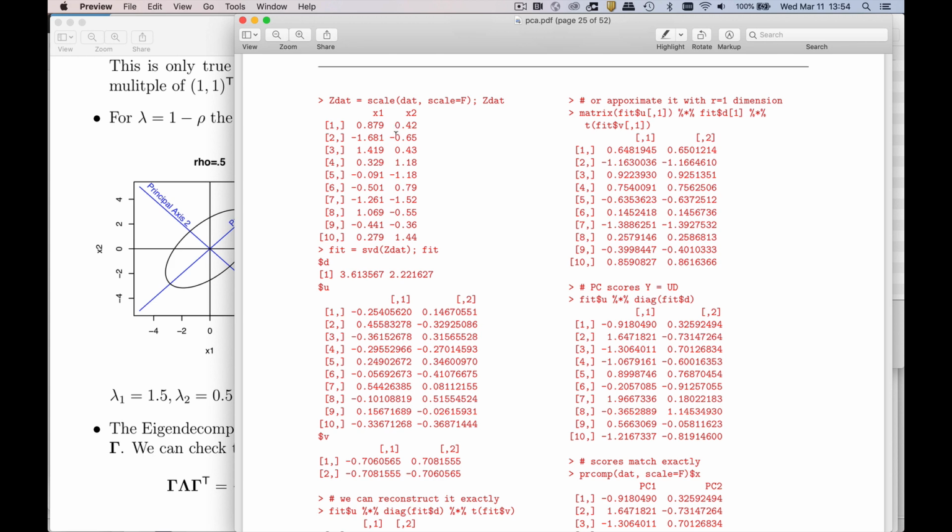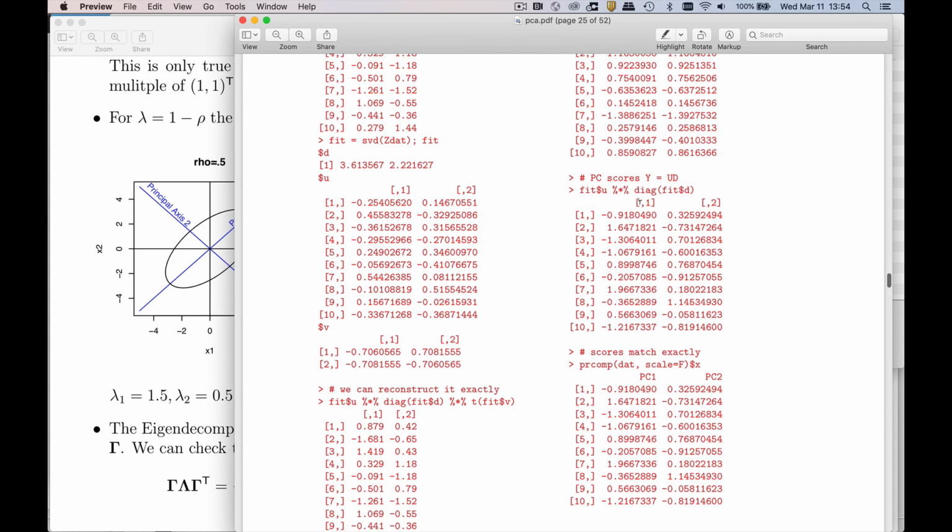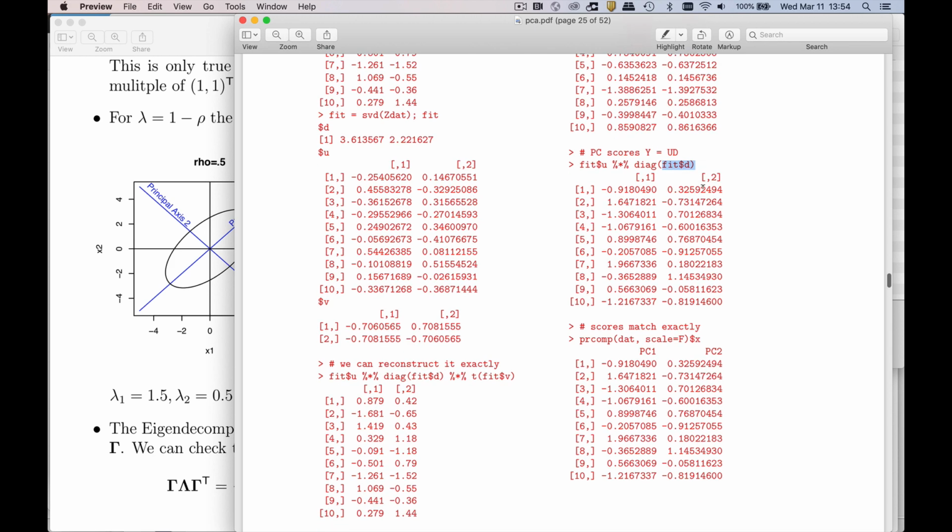One more thing: I said that we could compute scores by just taking the U matrix times our singular values. And notice this is exactly what prcomp gives as the scores. And there's a reason for that: prcomp uses the SVD function to get us the scores.